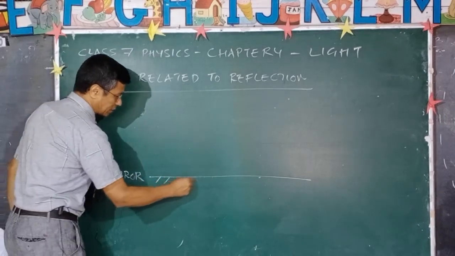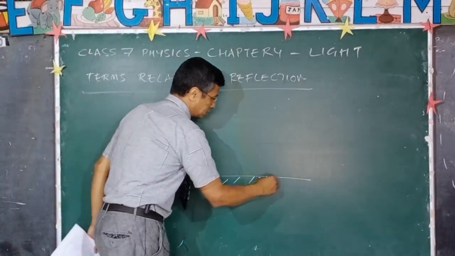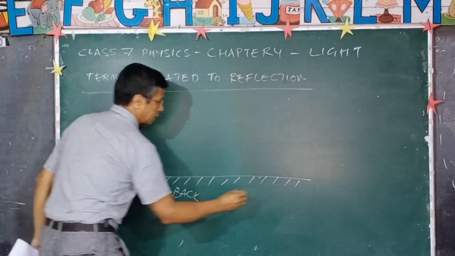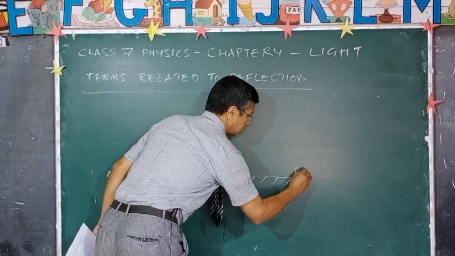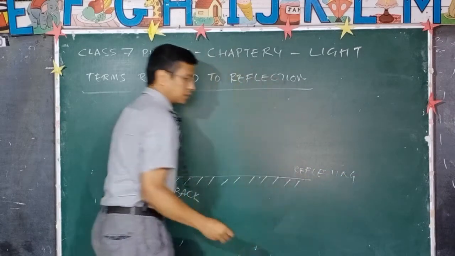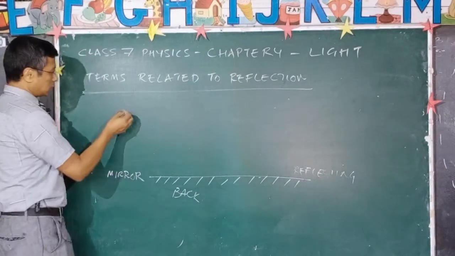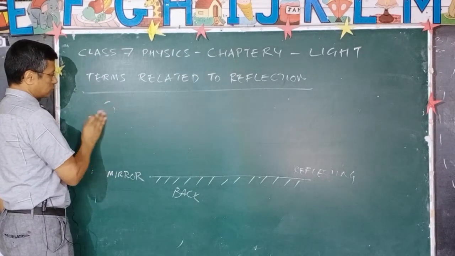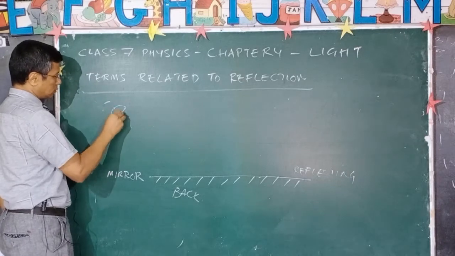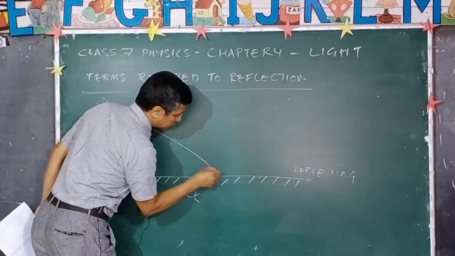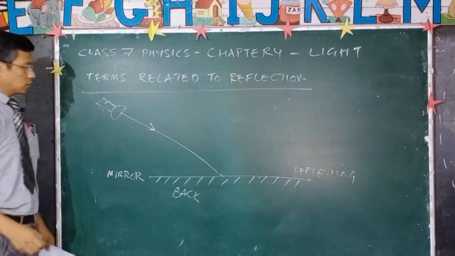This hairline that I am drawing represents the back of the mirror, and the upper surface is the reflecting surface. Now let us say that we have a source of light, which is a torchlight, for example, and we just take a single ray of light which strikes the surface.